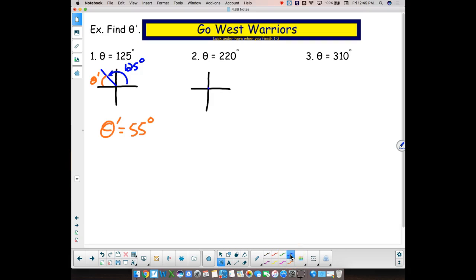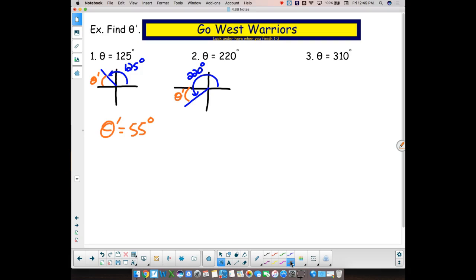220 degrees is down here. My reference angle is there. So 220, to get back to my closest horizontal, is get back to 180.